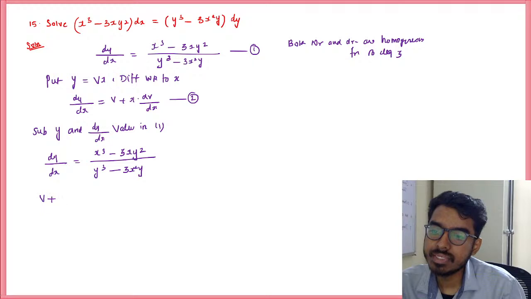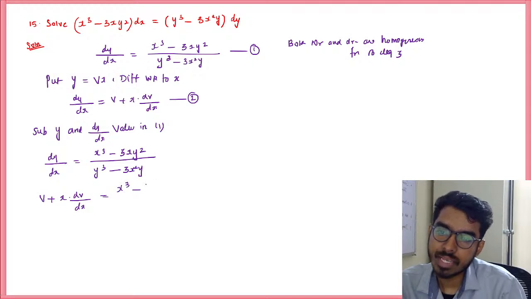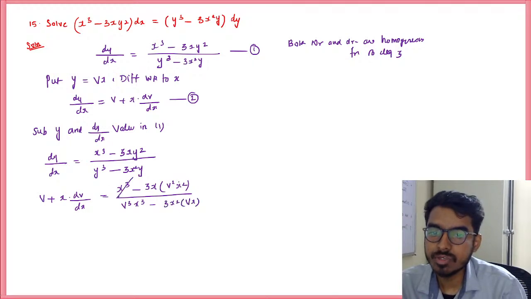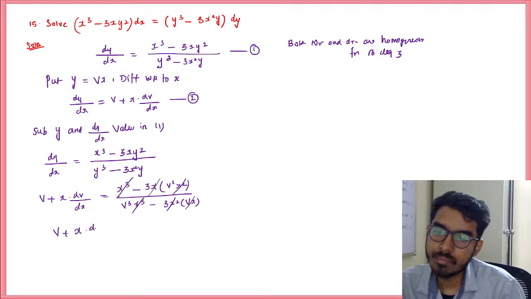So y square is v square x square, y cube is v cube x cube, 3x square y. x cube, x cube, x cube, right? All will get cancelled.